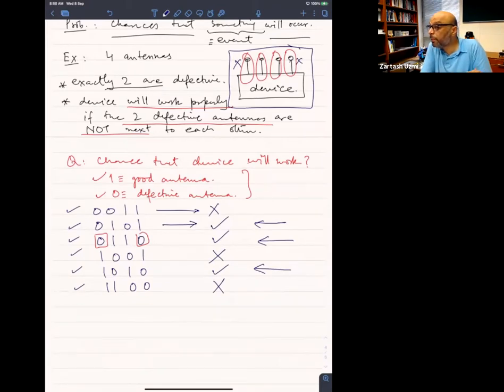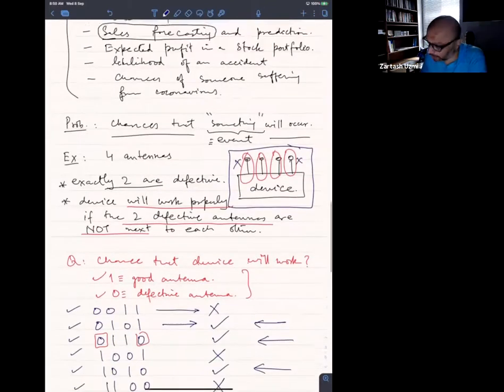But if I perform the experiment an infinite number of times, first I placed these 4 antennas on the device, then repeated again and again, testing each time whether the device is working or not, then on average 3 out of 6 times the device would be working.